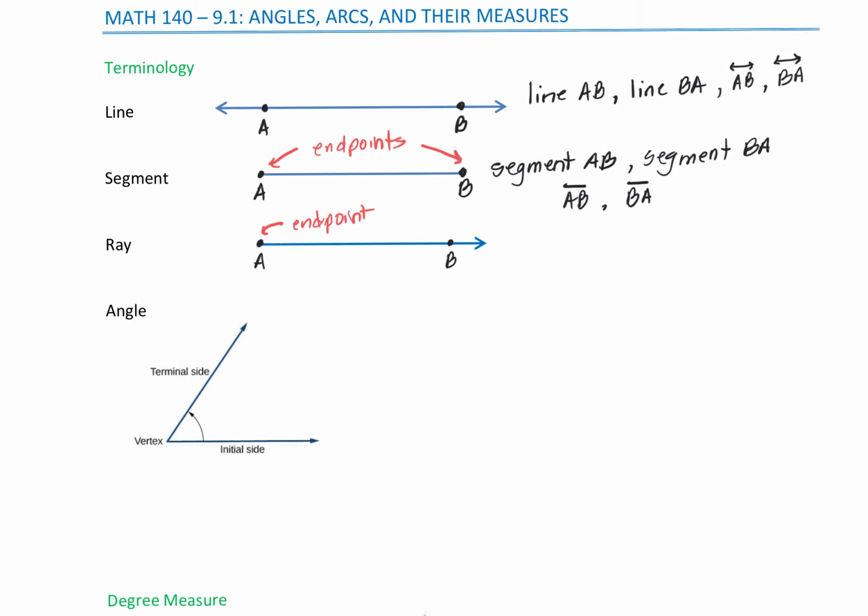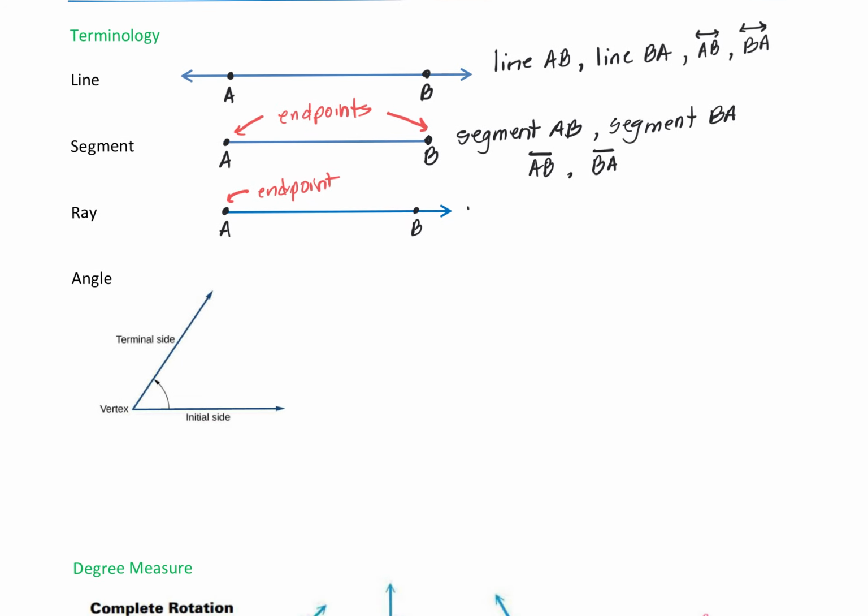When we refer to our ray, we would have ray, and here the order does matter because we're starting at our endpoint A or initial point A and we're going through B. We could also write AB and put a ray above, keeping in mind that order does matter. Now you could reverse the order and write BA, but you also have to reverse the ray. So it starts at A and it goes through B.